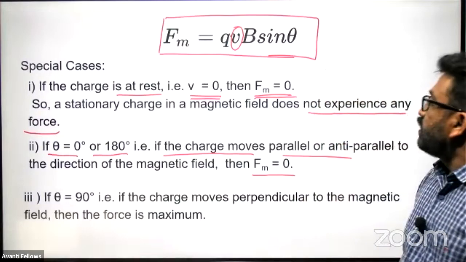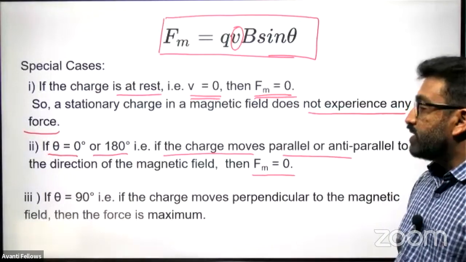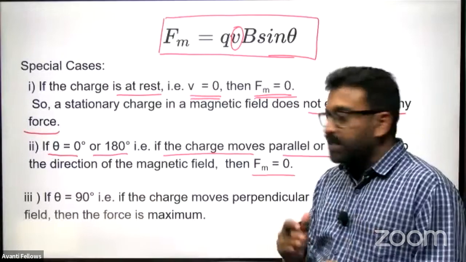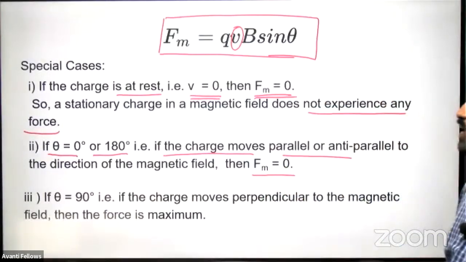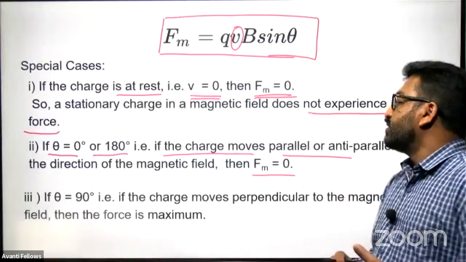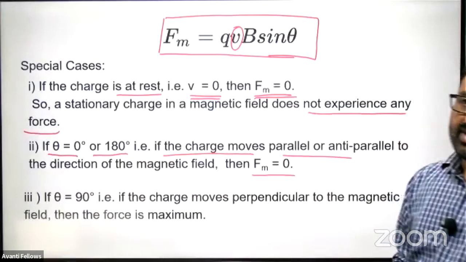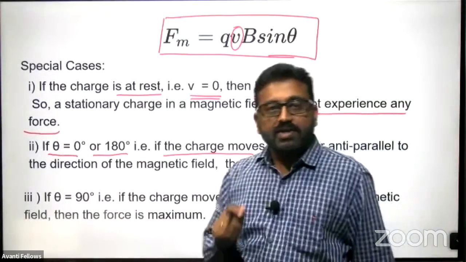So in the case of V equals 0, Fm will be equal to 0. Then if theta equals 0, that is parallel, or 180, anti-parallel, in that case also Fm will be equal to 0. Then if theta equals 90, that is the charge moves perpendicular to the magnetic field, the angle between the velocity vector and magnetic field vector is theta.